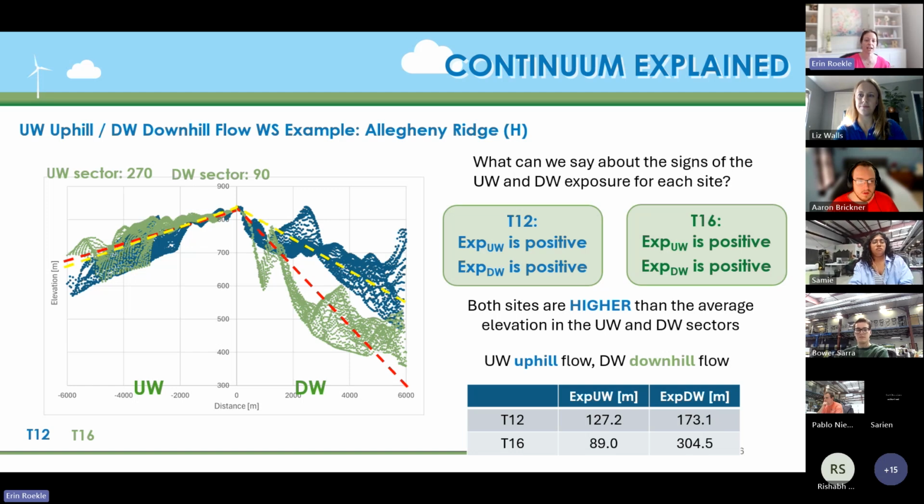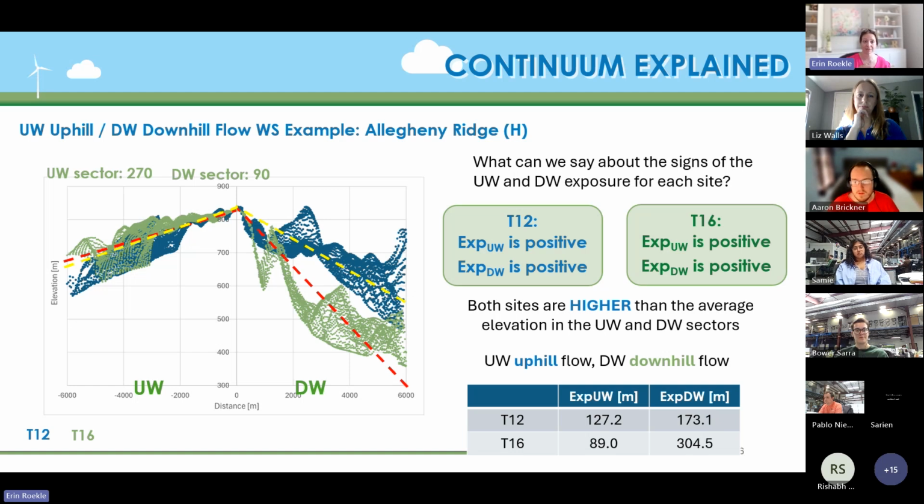Let's first look at T12, so all the blue dots. At distance 0, that's where our site is. Everything on the left-hand side is lower than our site of interest. Because our site of interest is higher than everything else, we have a positive exposure in the upwind direction. Looking in the downwind sector at all those blue dots, our site of interest is also higher than the rest of our wedge.